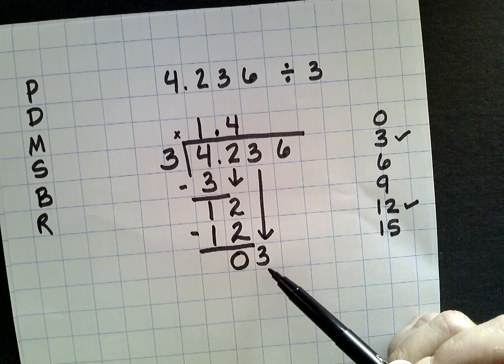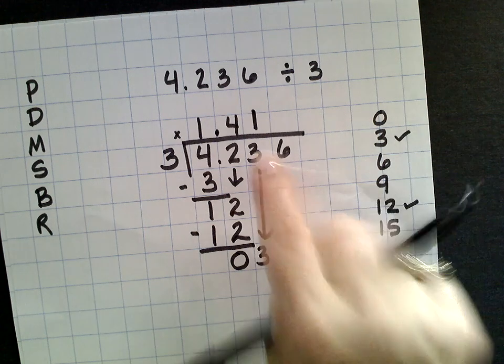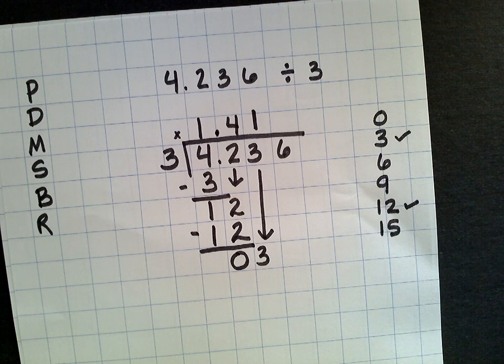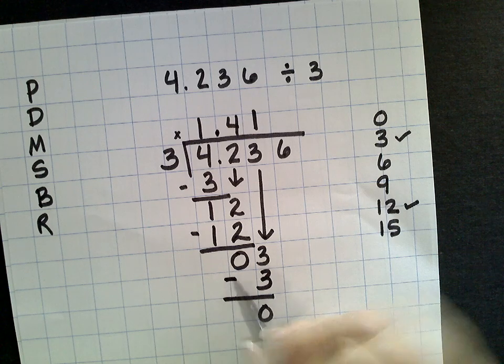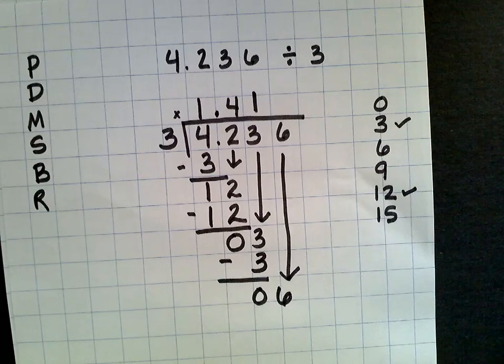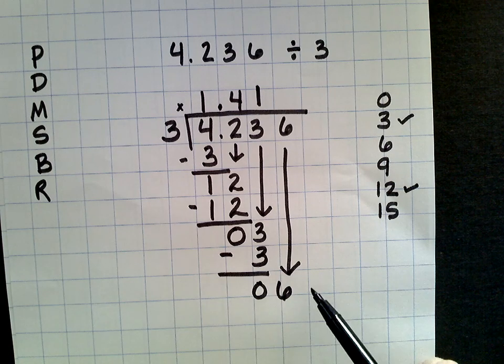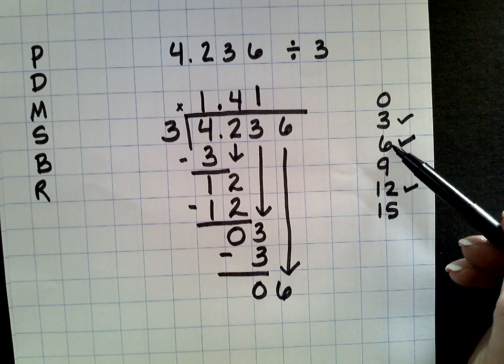Divide. 3 times what gets me 3? Right there. It's 1 time. That 1 goes right above that 3. Everything lined up. 1 times 3 is 3. Subtract. Got another number to bring down. Not finished yet. So 3 goes into 6 how many times? I'm noticing it right here, which is times 1, times 2.